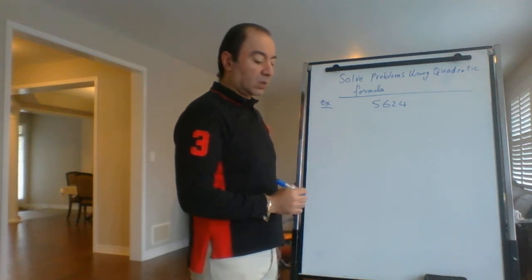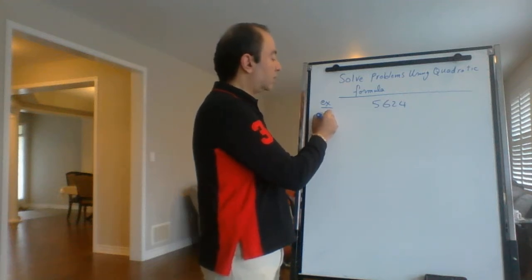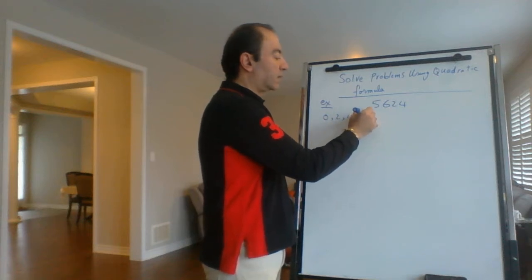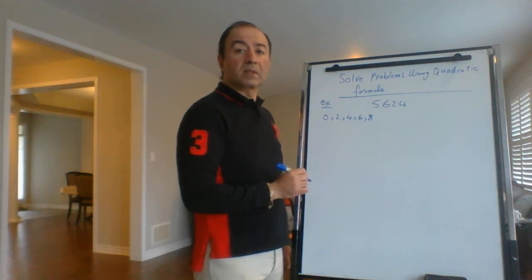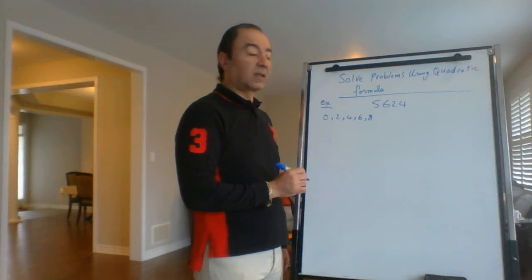Okay, so we know that even numbers go by twos: 0, 2, 4, 6, 8, those are the even numbers. I don't know what the numbers are, so the thing that I don't know, I always assign it a variable.